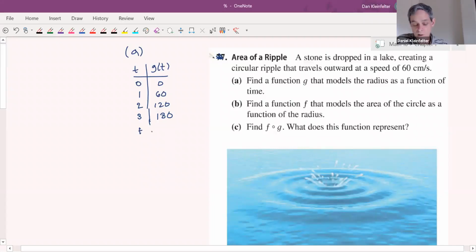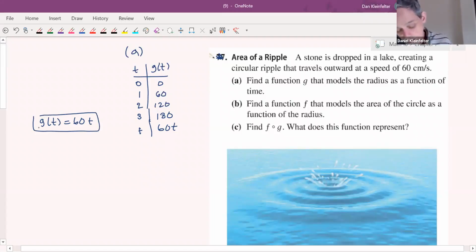So it'll be 60t. So that means our g of t is going to be 60t. That's our answer to part A. The input is the time in seconds. The output is the radius in centimeters.